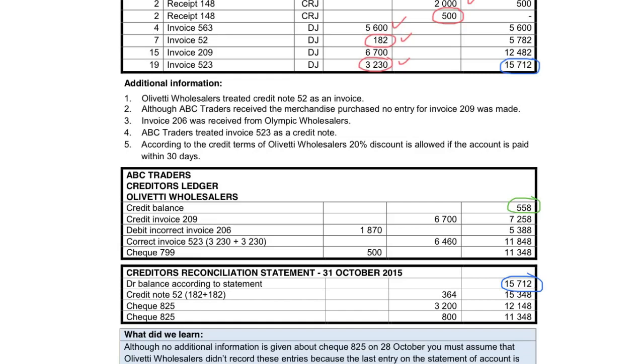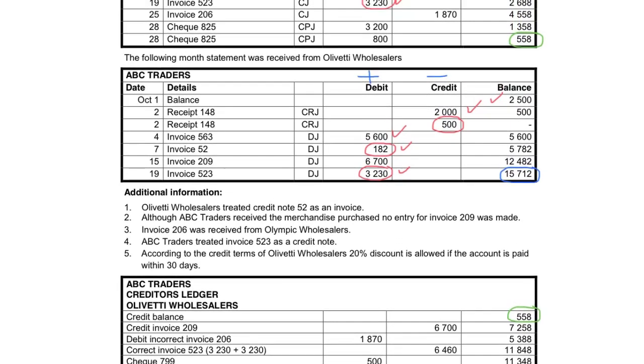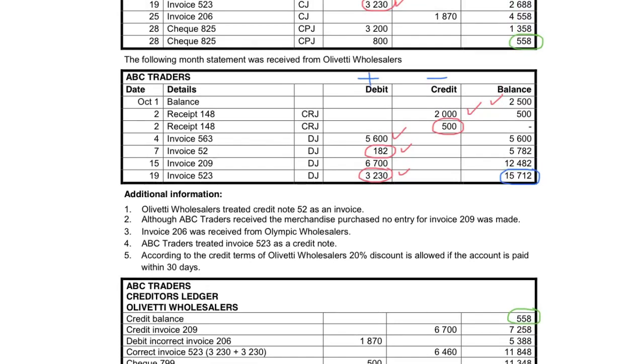Olivetti Wholesalers treated credit note 52 as an invoice. Okay, now we see that the mistake was made by Olivetti Wholesalers. What did they do? They treated a credit note as an invoice.